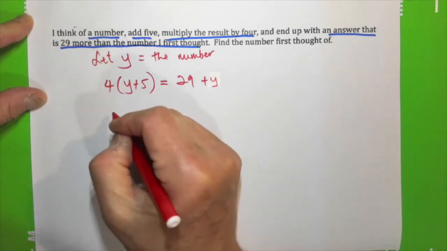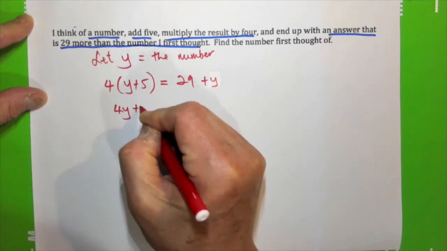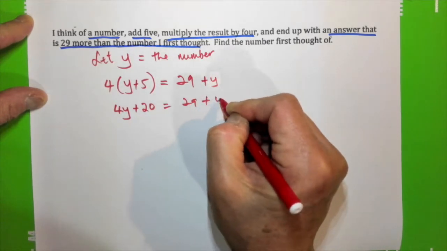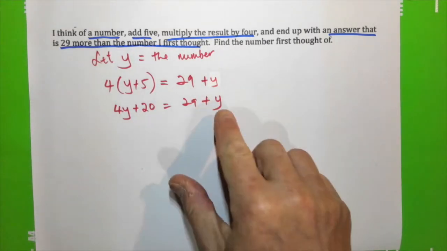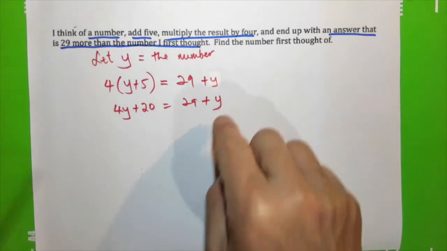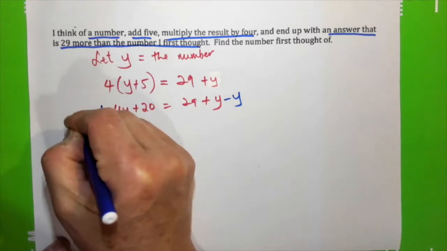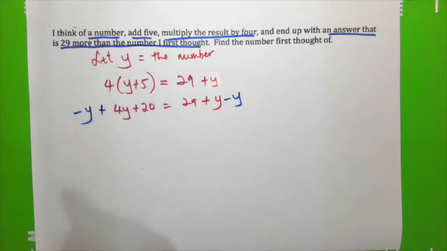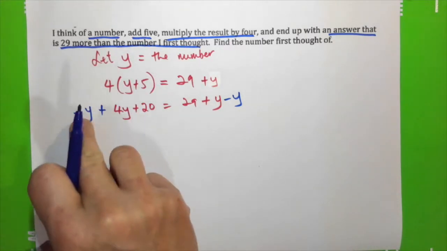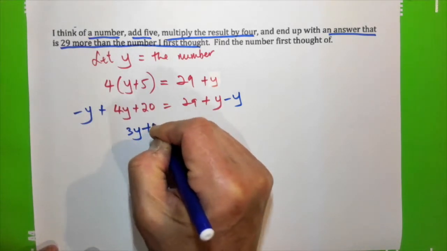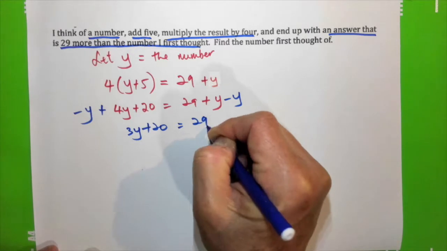First, expand. 4y plus 20 equals 29 plus y. Now, let's eliminate y from the right hand side by subtracting y. Therefore, I need to subtract y here. So 4y minus y gives me 3y plus 20 equals 29.